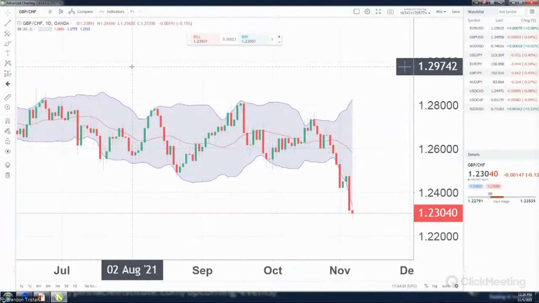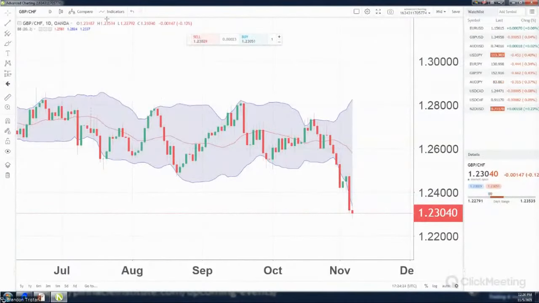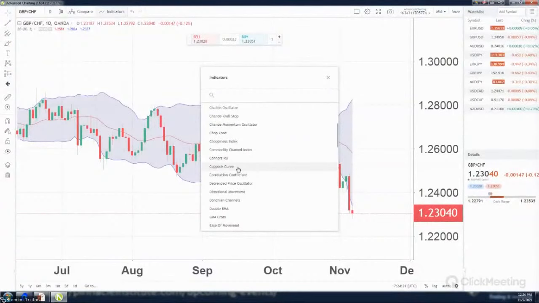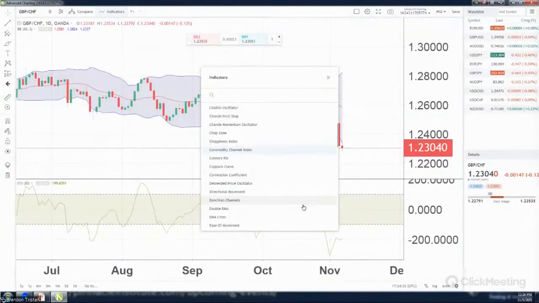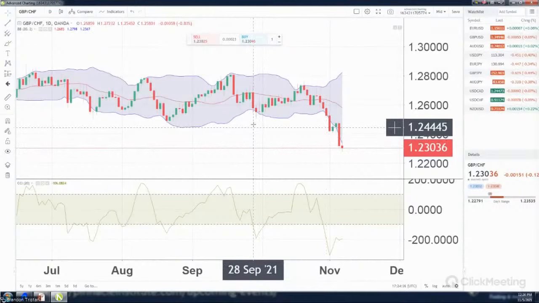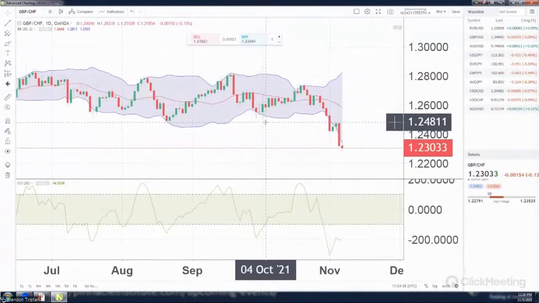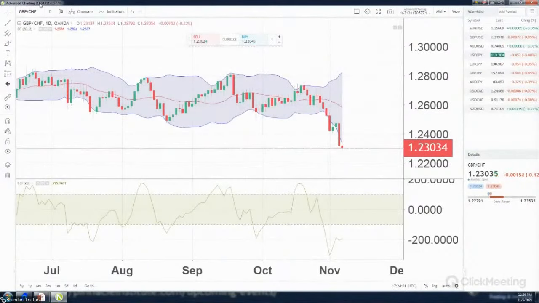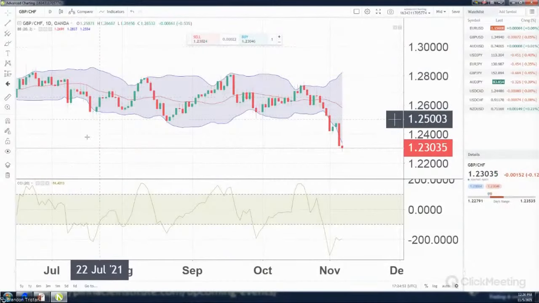Let's see if we put the CCI and this together. Right here, you get the cross in that area, and then possibly put on a buy.